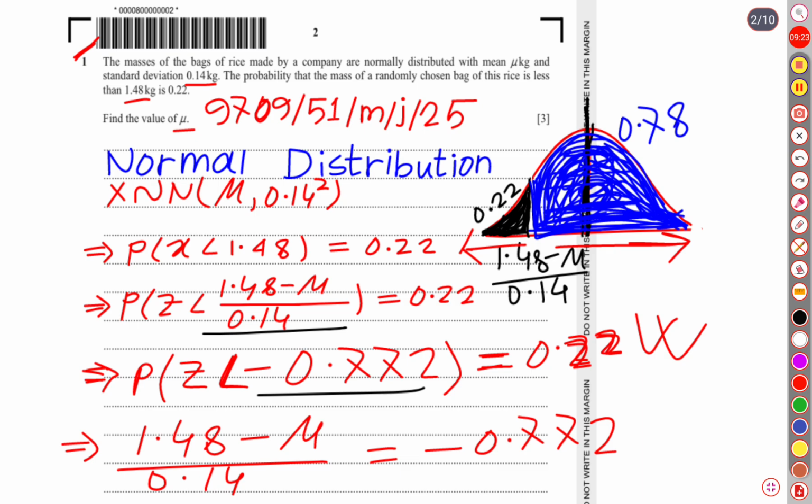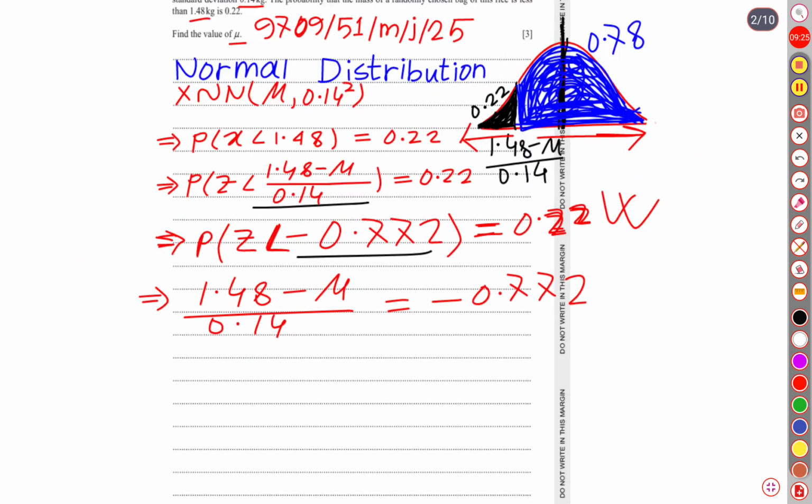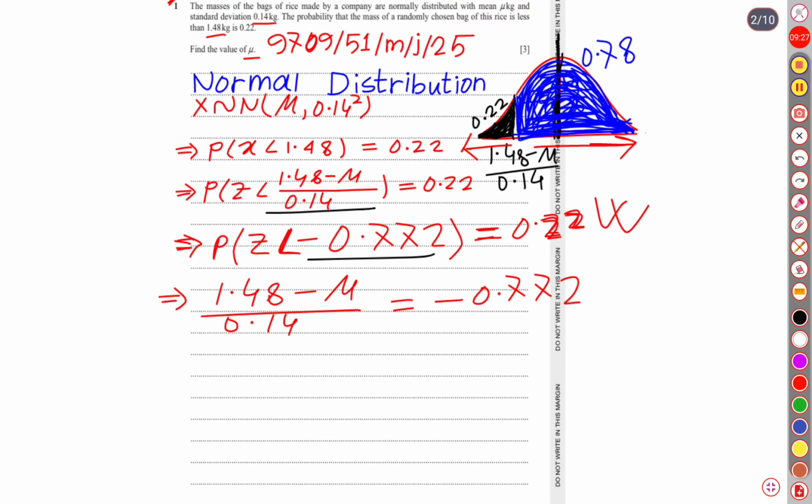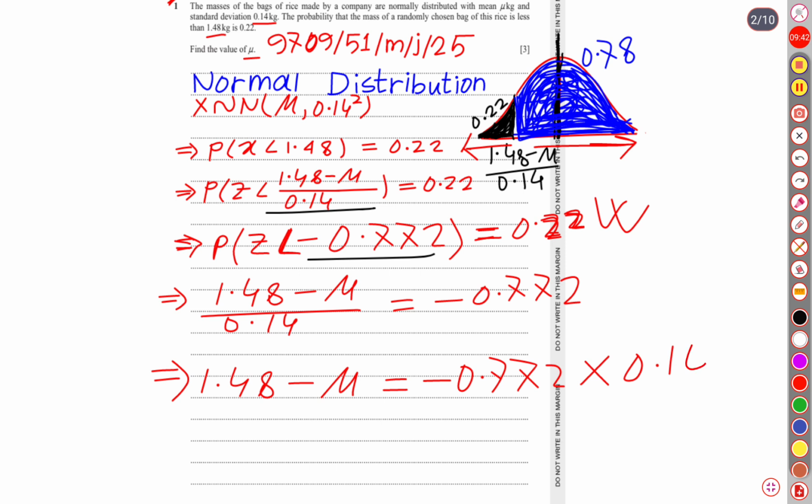Then we will apply the cross multiplication process, and it is going to be 1.48 minus mu is equal to negative 0.772 into 0.14.